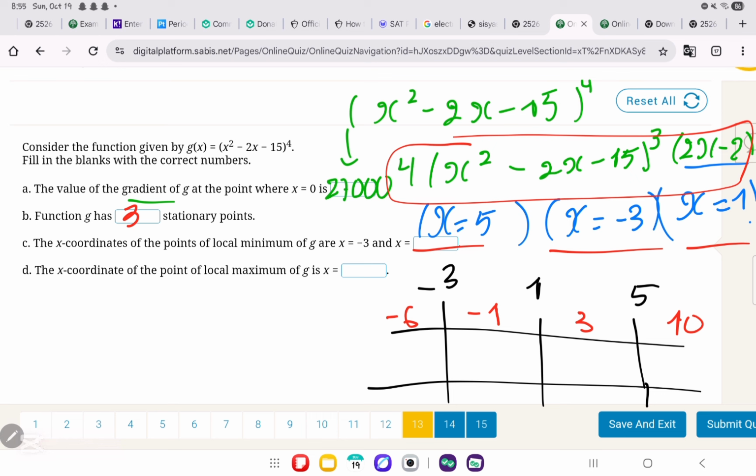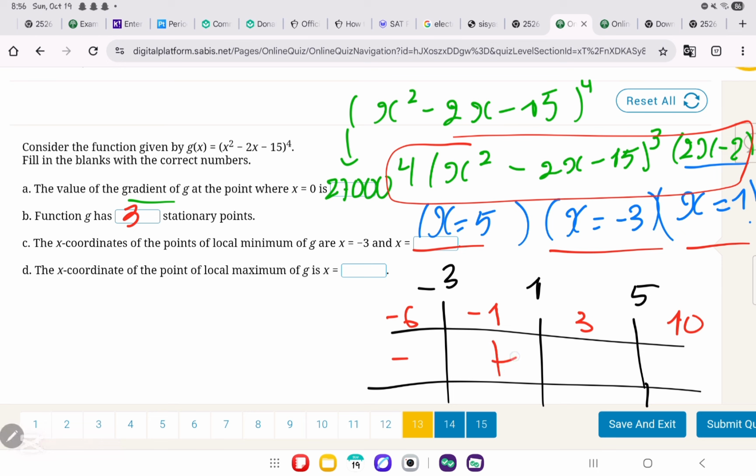Substitute minus 6 in the equation. It's gonna be 4 times (minus 6 squared minus 2 times minus 6 minus 15), all of it to the power of 3, times 2 times minus 6 minus 2. It will give us what? A negative answer. Now let's substitute minus 1. That's gonna give us a positive answer.